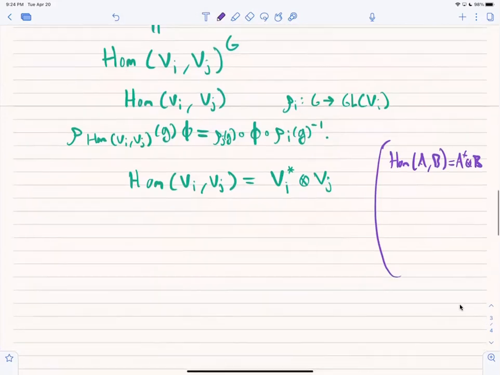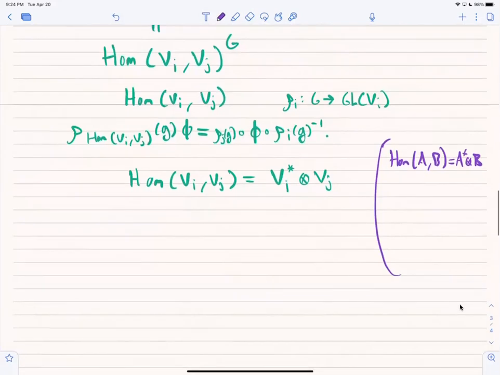Where the identification is given by a functional on A tensor B. So this is a simple tensor, and everything in this tensor product is a linear combination of these simple tensors, so we extend by linearity. Well, you don't just extend by linearity, but there's an extension by linearity that agrees with this. This is a subtle point.